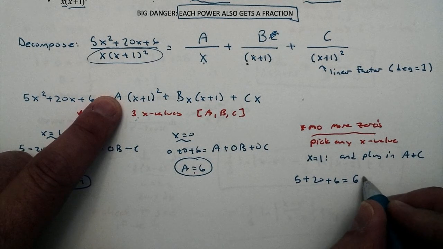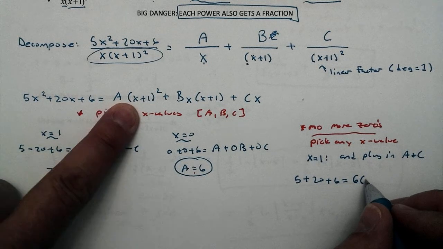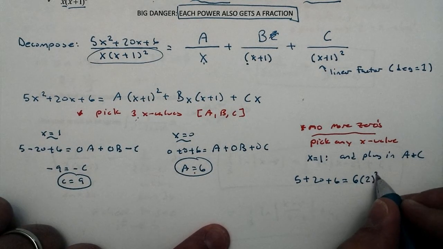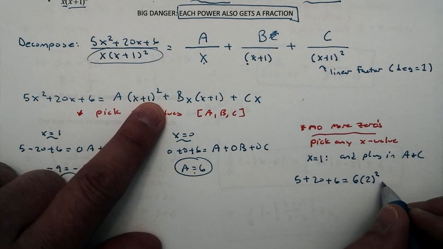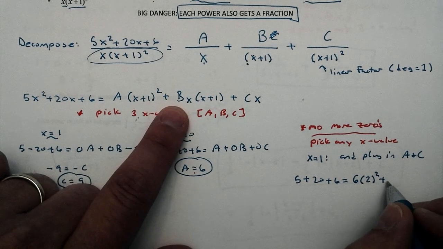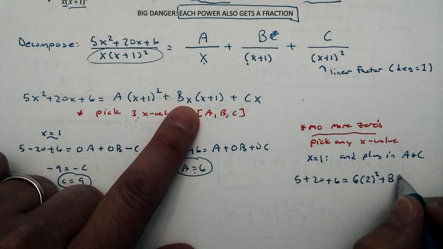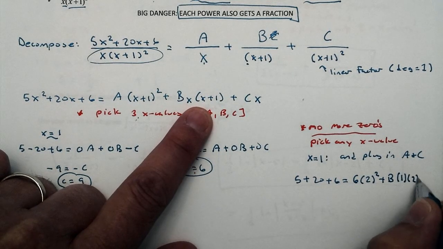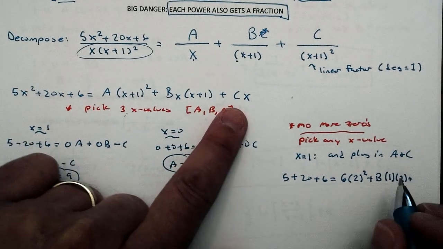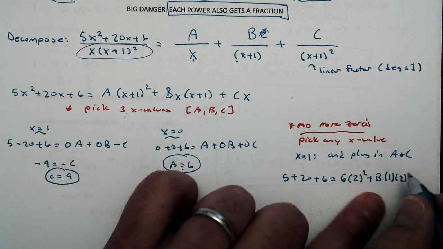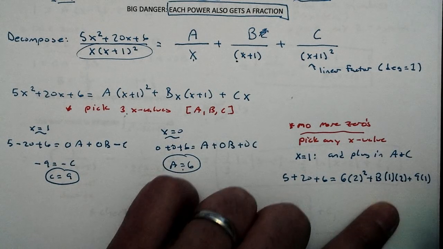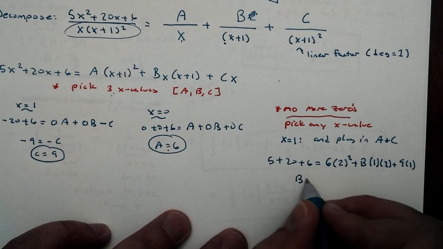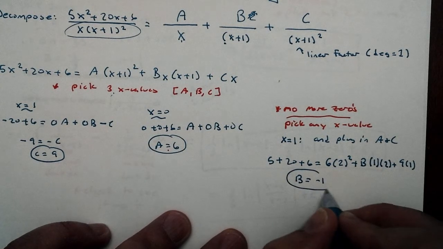This becomes 6 times, be very careful, 2 squared, because that becomes 1 plus 1, plus, ready? I don't know what B is, but I know what x is going to be. This becomes 1 times 2 plus C times 1. C is 9 times 1. And if you clean all of this up, what you're going to wind up with is B is negative 1. Right there.